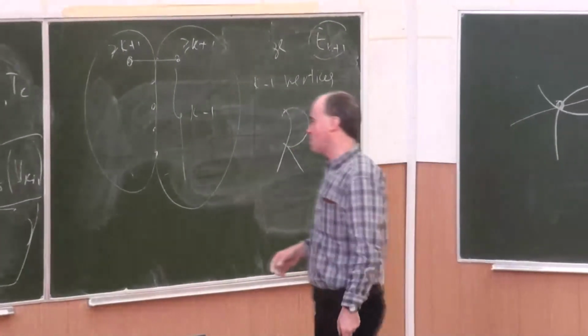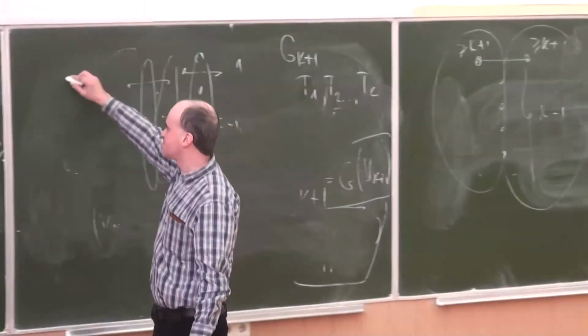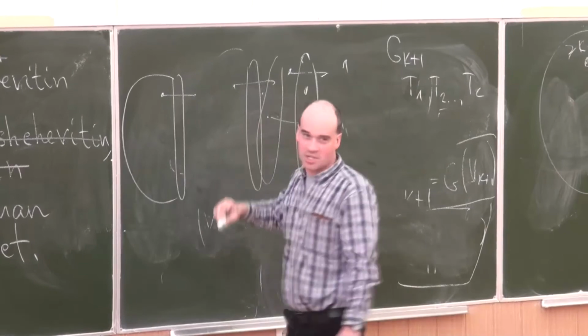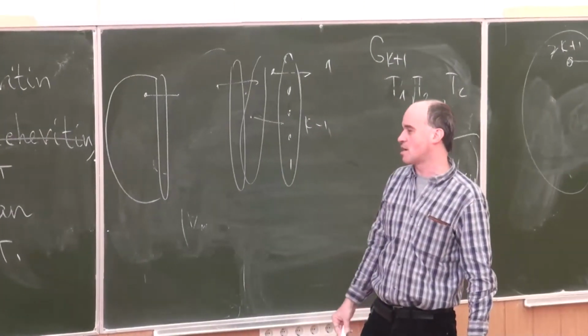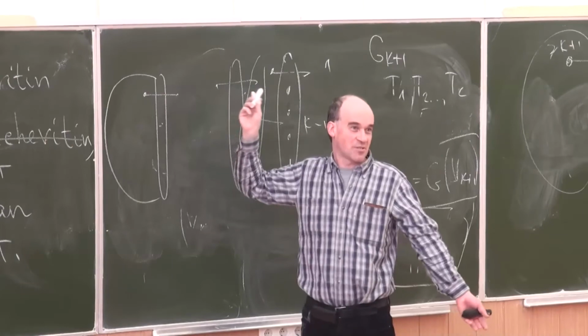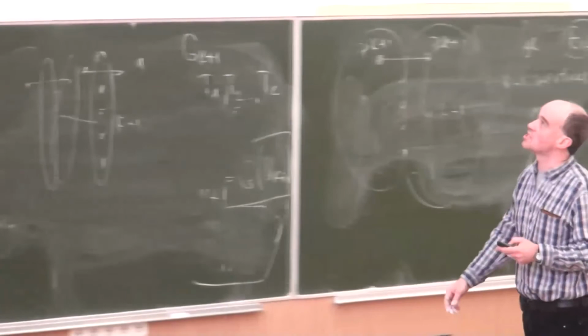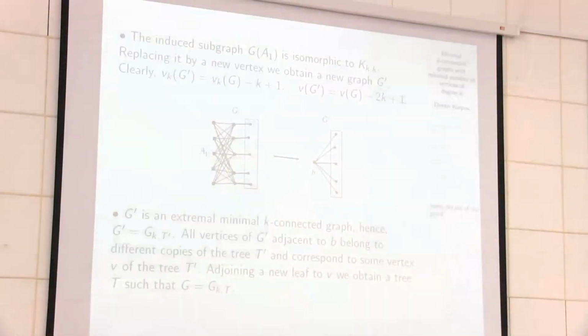After that, we pay attention to the minimal, up to inclusion, components, the minimal components which correspond to the pendant vertices of this tree structure, and show that such a pendant component is a complete bipartite graph with partition k and k. It is the same picture as we have at the very beginning of the talk, but in the opposite direction.